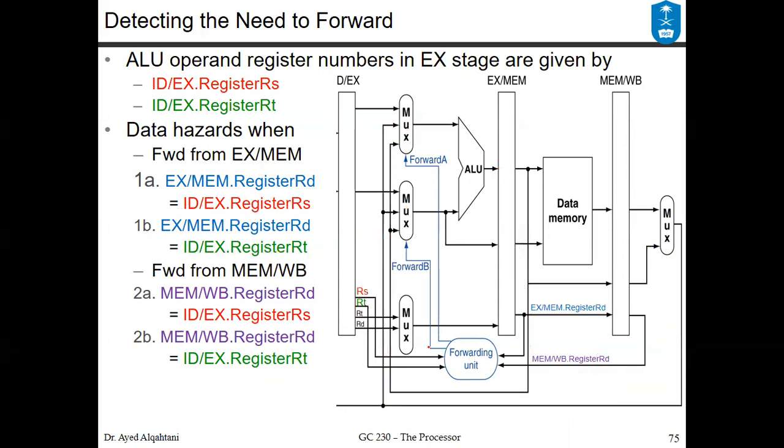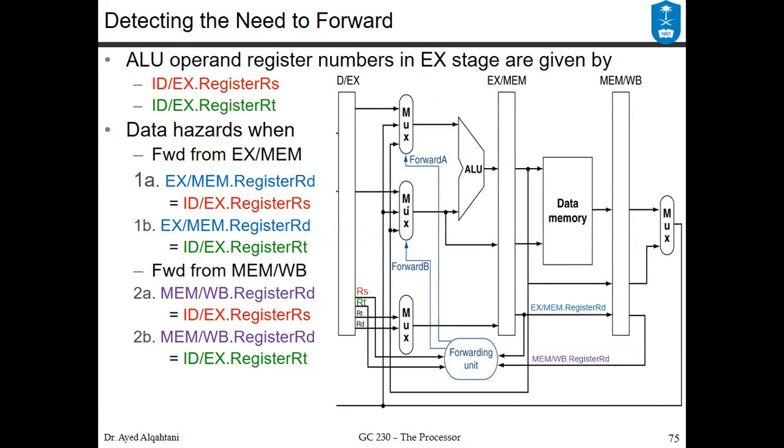The forwarding unit has as inputs the RS, the RT, the RD of this pipeline register, the RD of this pipeline register, and based on these comparisons, it tells you to forward, because it sends the right multiplexer selectors to select either this or this one.